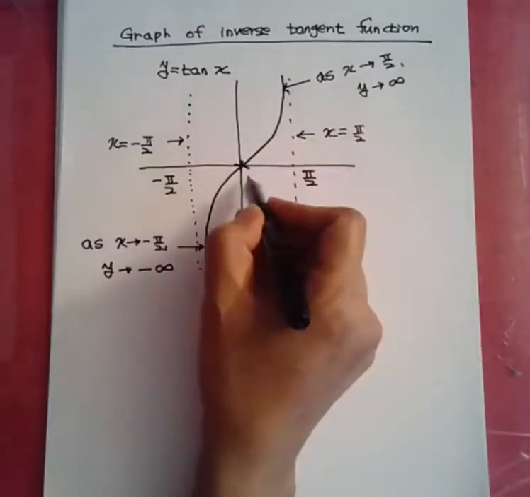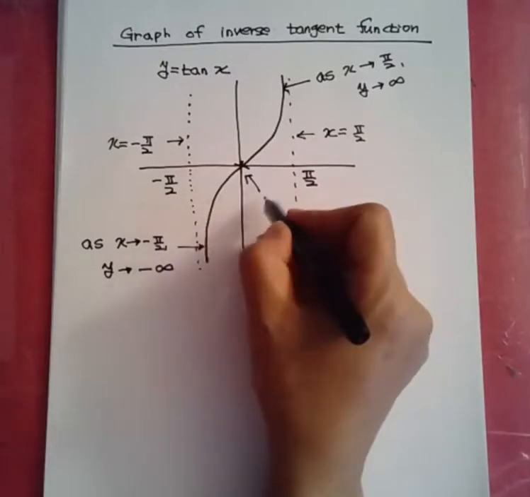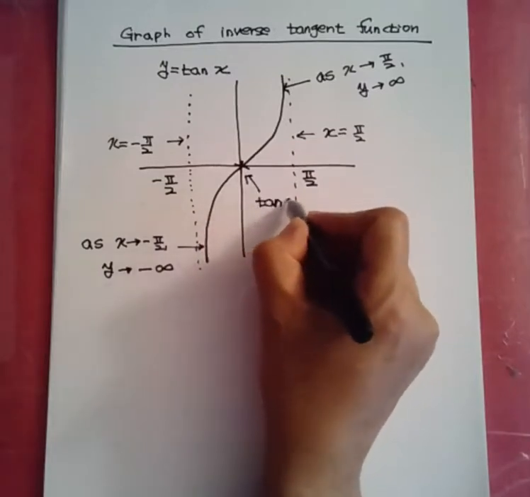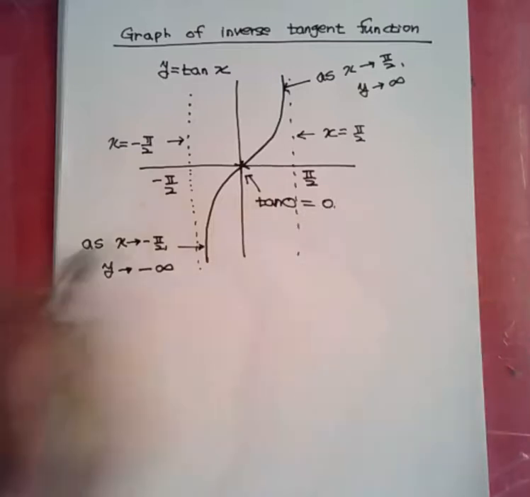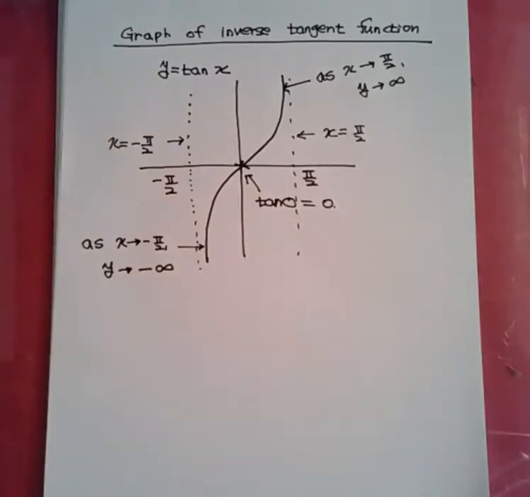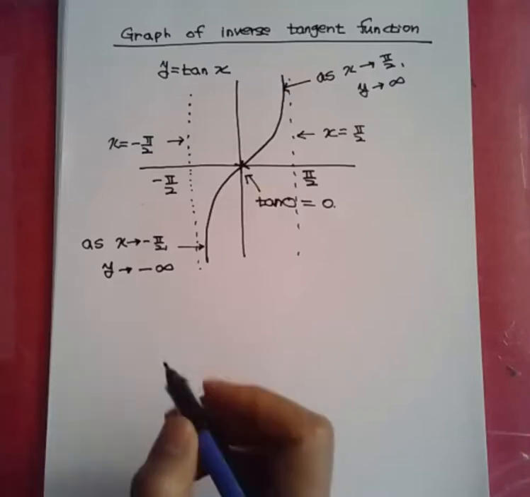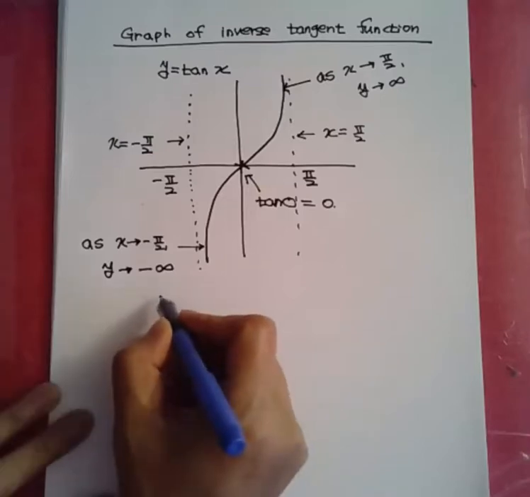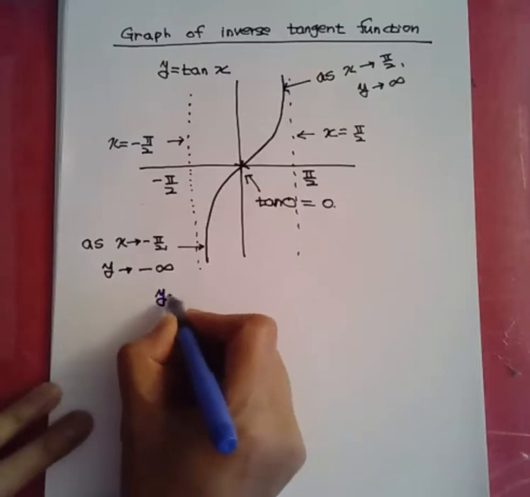For this point, that means tangent of 0 equals 0. Based on this observation, and by switching x and y values, we will graph the inverse tangent function.